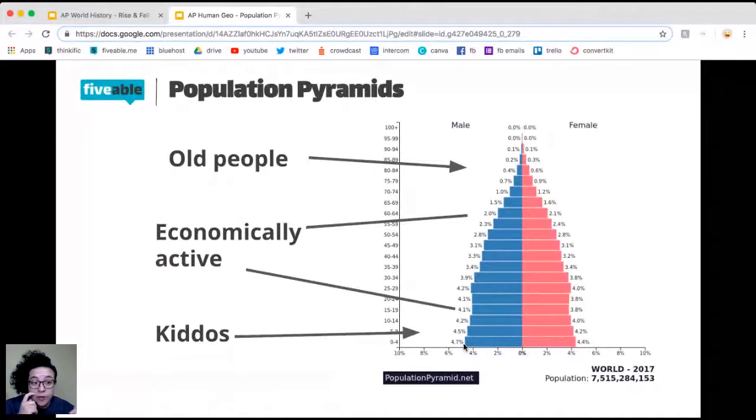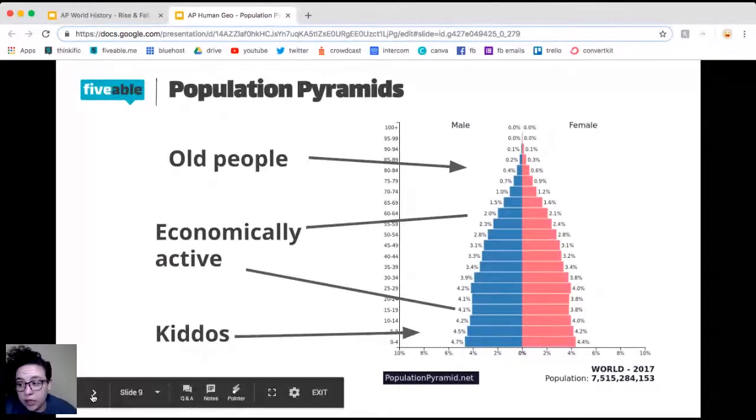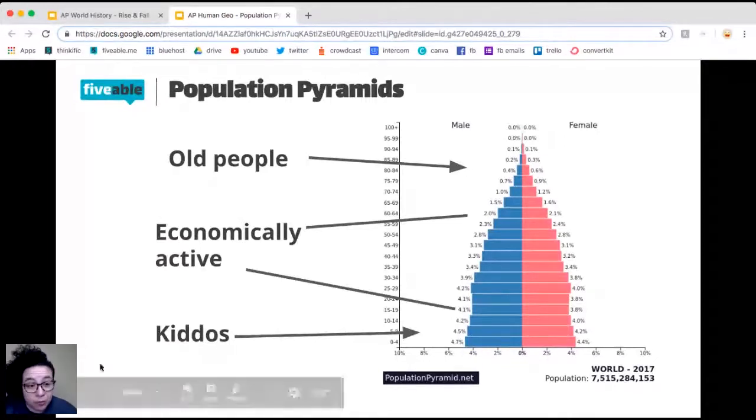If it's short, the birth rate is small, right? This is the world, so it's hard to depict a relative number, but birth rates are coming out of this bottom piece here, and death rates are coming out of this top piece here. So you can see in general how long people live.